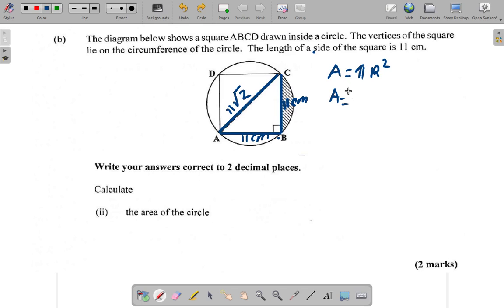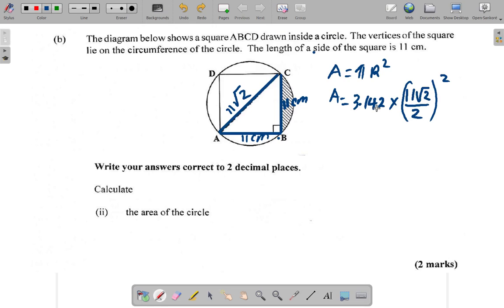You could make a note that you're using the approximation 22 over 7 or 3.14 or 3.142. But let's use 3.142 here and multiply by the radius squared. But the radius is half the diameter, so the diameter is 11 square root of 2. Let's half that, divide it by 2 and square.